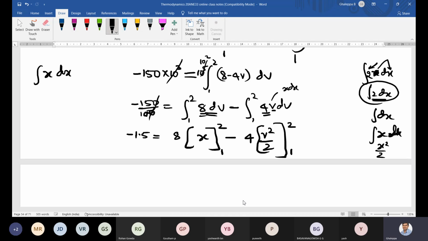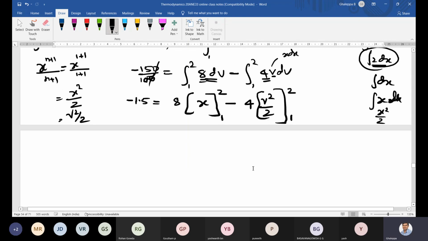Integration of x dx is x to the power of n plus 1 divided by n plus 1. Here the power is 1, so x to the power of 1 plus 1, n is 1 plus 1. So x square divided by 2. So if it is v, then v square by 2. That I have written here.